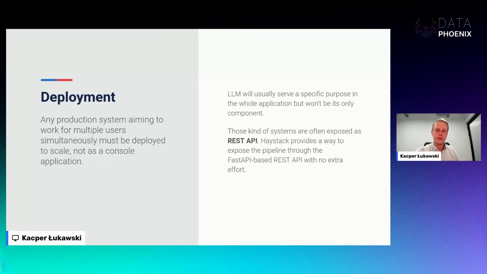Actually, the only one that I mentioned today. So if you want to build a pipeline, you can easily expose it with Haystack. It will build a FastAPI application around your pipeline, so you can easily integrate this microservice with all the other systems that you may have in the whole stack.